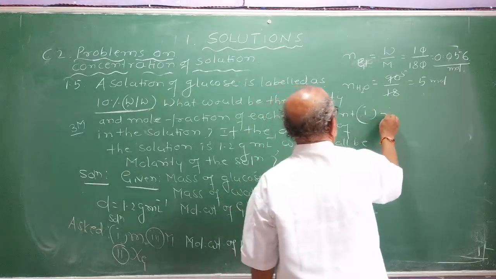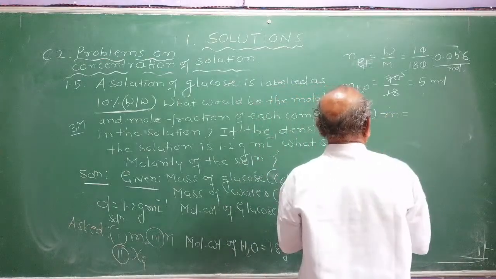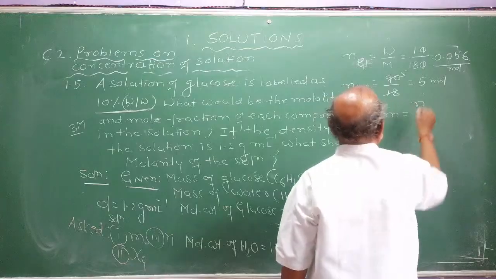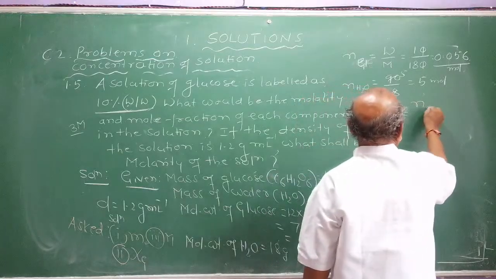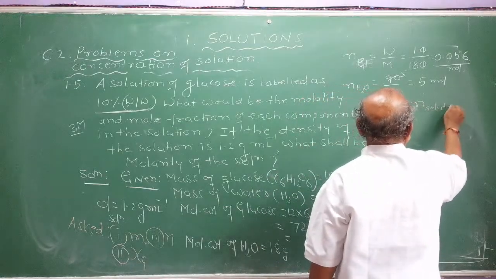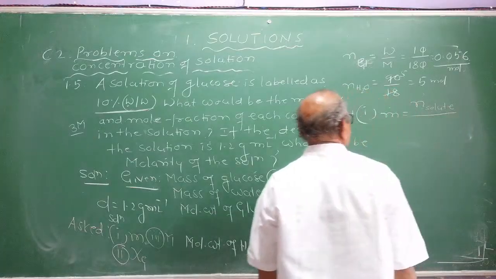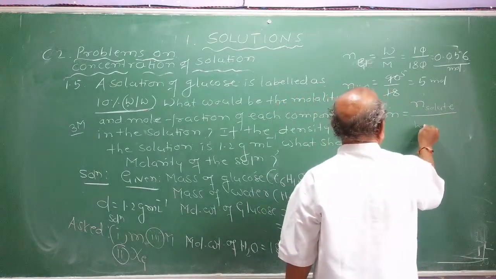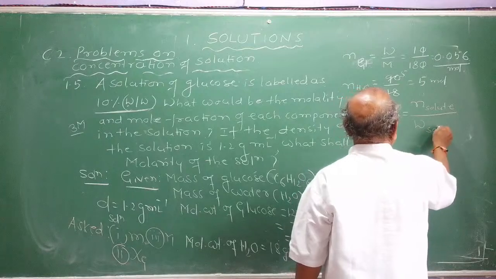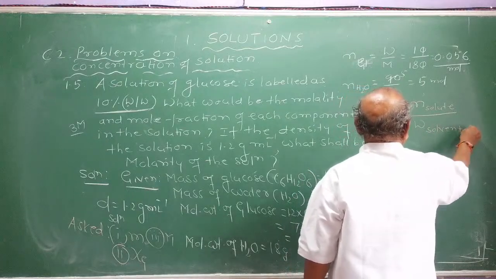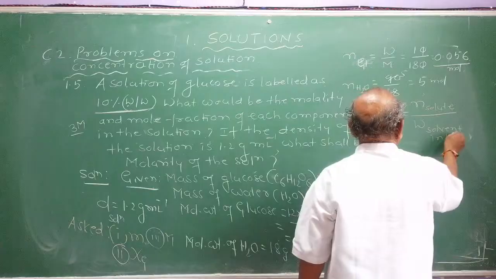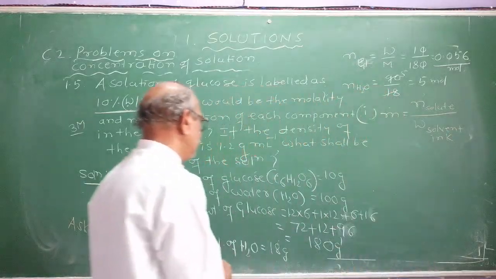What is the formula of molality? Formula of molality is given by number of moles of the solute and mass of solvent in kg.